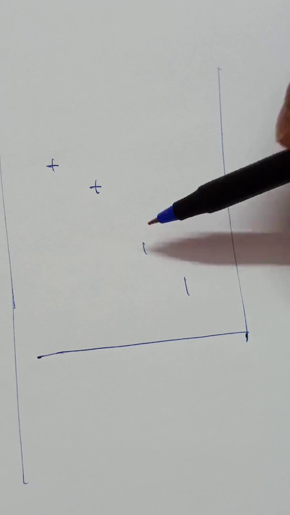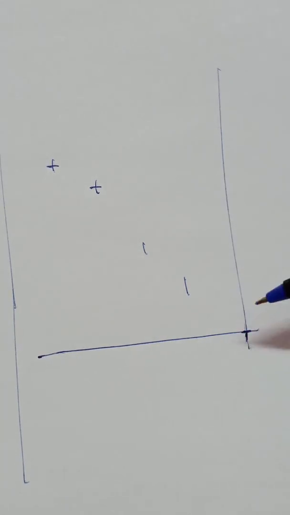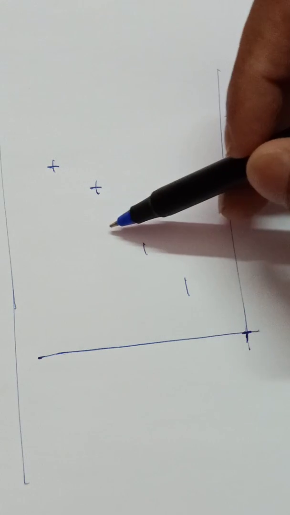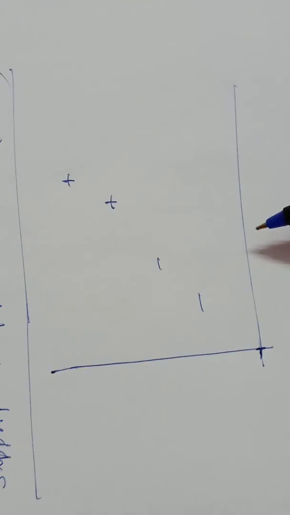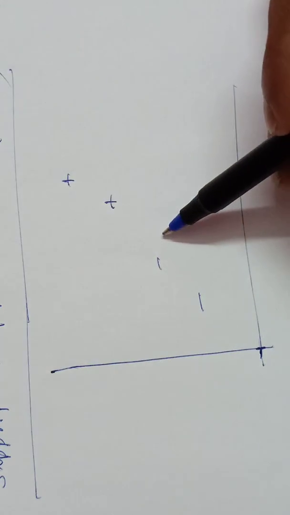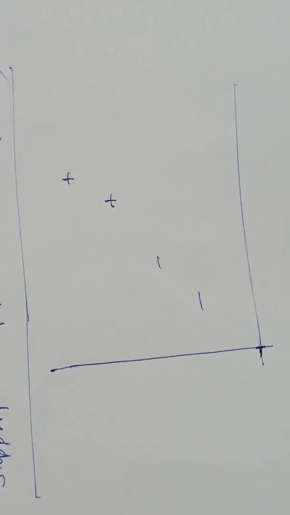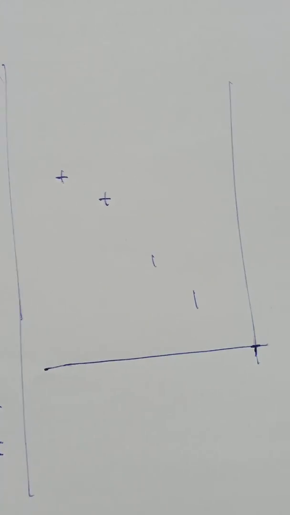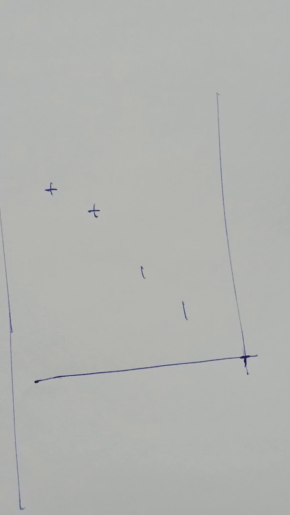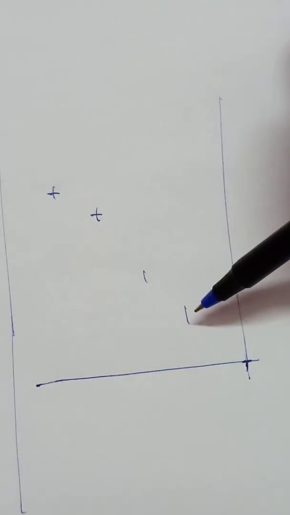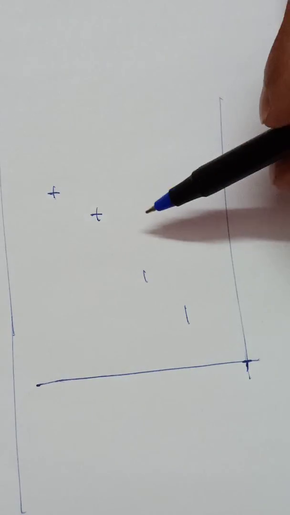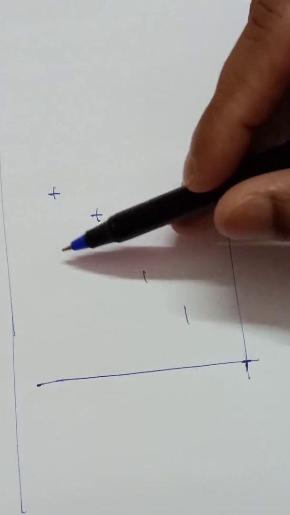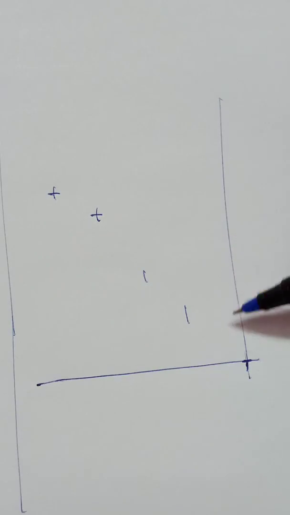Similarly, by applying ID3, we can divide these classes like this. By applying neural networks, we can divide it as this. So by applying classification algorithms, we can divide this data into two classes, positive and negative.